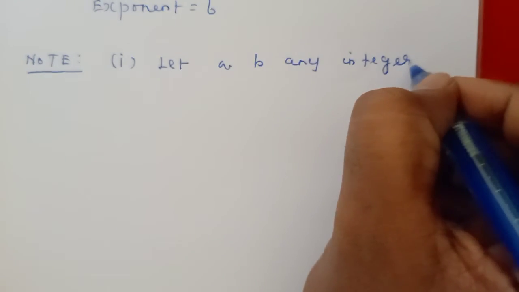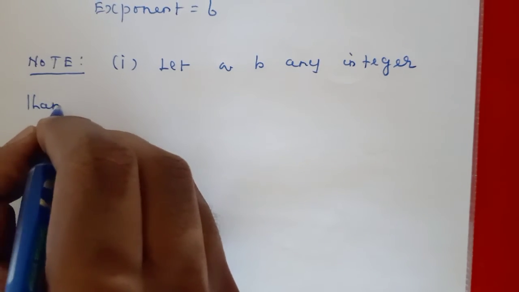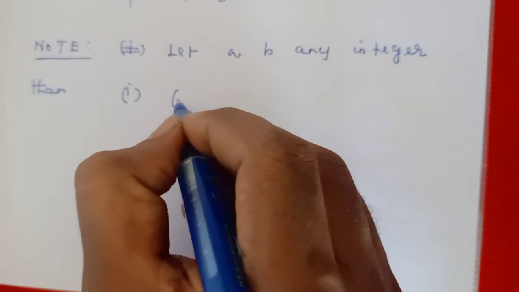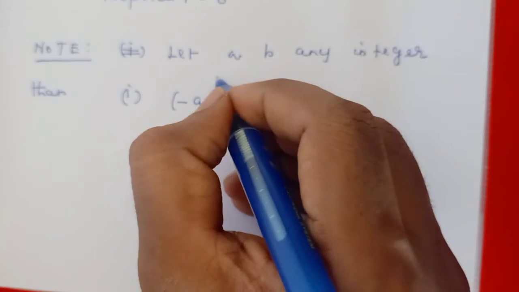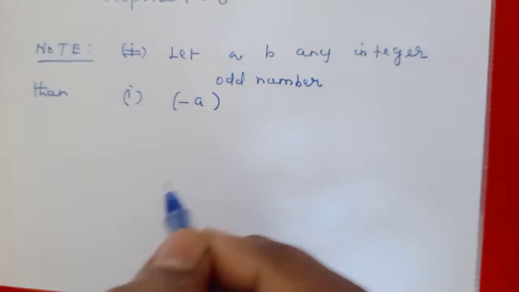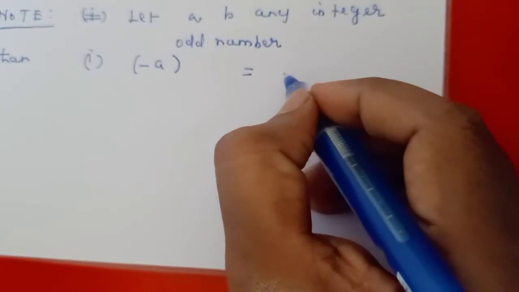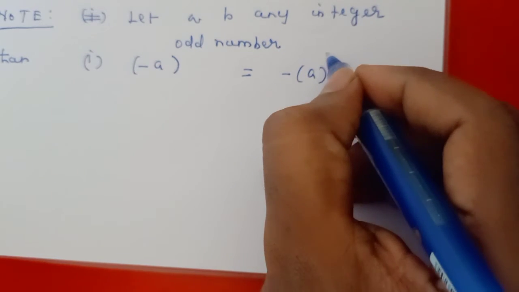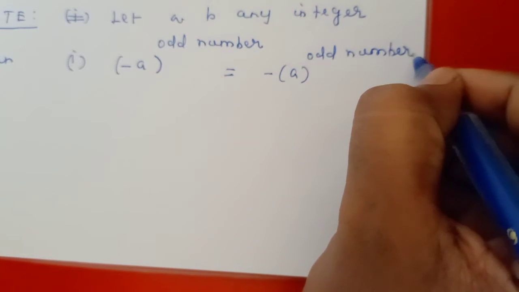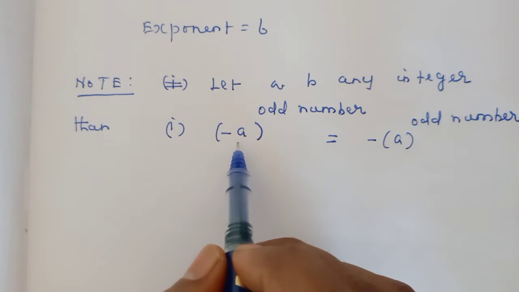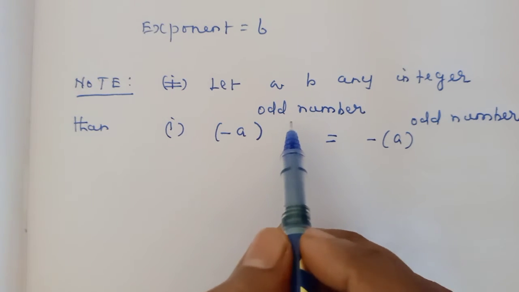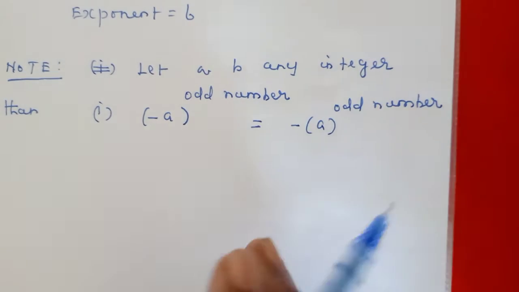Then the first note is minus A power odd number equals minus A power odd number. That is correct. Suppose the base is minus A and the exponent is an odd number, then the answer is minus A power odd number.